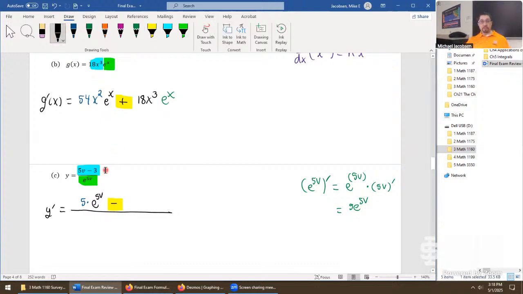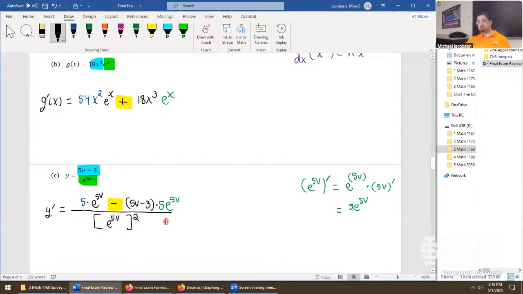Then copy in the numerator, unchanged, 5v minus 3. Multiply it by the derivative of the denominator, which we pre-computed over here just for ease of computation, 5e to the power 5v. Then the denominator squared is what we'll put in this position. Denominator is e to the power 5v.